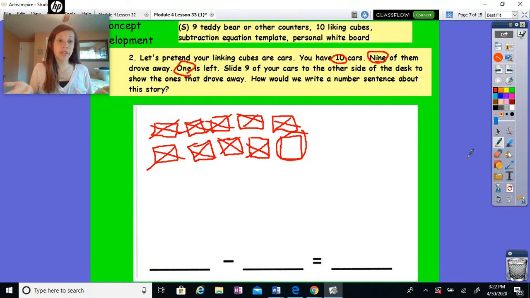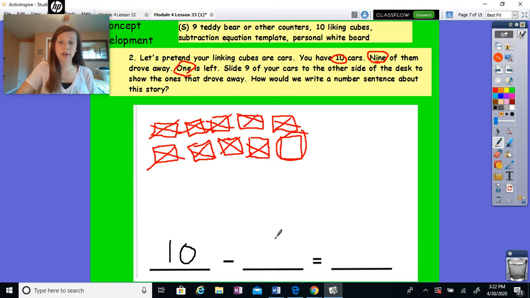So the only other thing we have left to do is to write in the numbers in our number sentence. Now remember, since this is subtraction, we always start with the biggest number or the whole. We started with 10 cars. So 10 is the first number in our number sentence. 10 minus how many drove away, how many we took away. We took 9 of them.